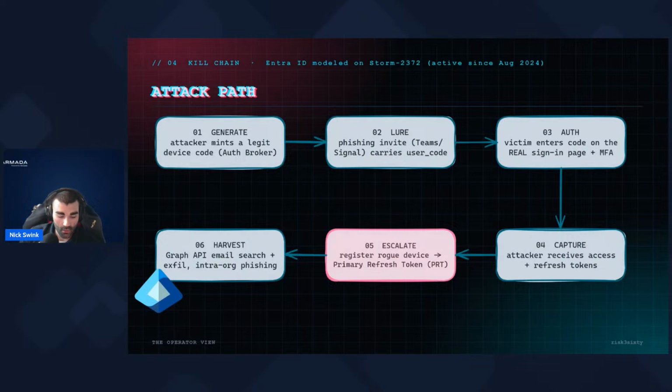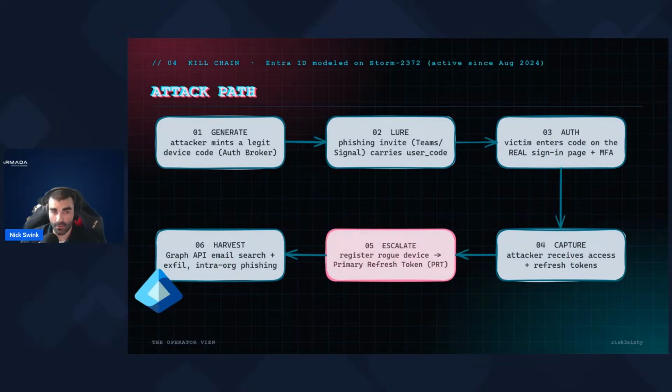Okay, cool. So we're going to talk a bit about an attack path. This is modeled after Storm-2372, which is an APT that Microsoft wrote a good article about, where they were observing this attack specifically being performed by this threat actor, doing exactly what we've been talking about.